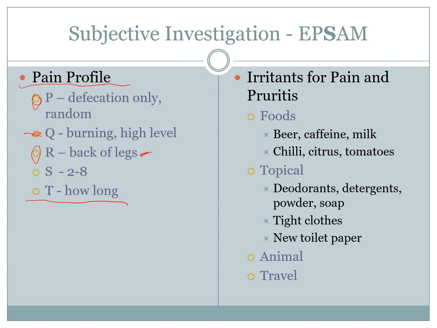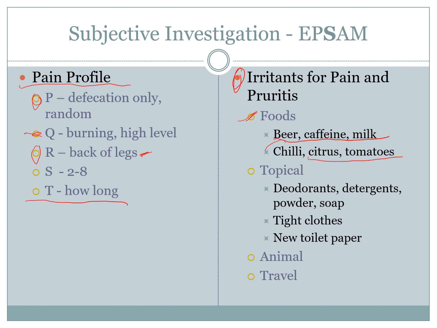If the pain is more leading to that irritating pain and pruritus, then you can ask specific questions about irritants. Now, there's a huge list of very amazing foods that can cause anal irritation. That's your beer, your caffeine, and your milk. So if the person has started, or is not used to having those things and then all of a sudden has started having an increased intake, then it can be a contributing factor, as do citrus and tomatoes.